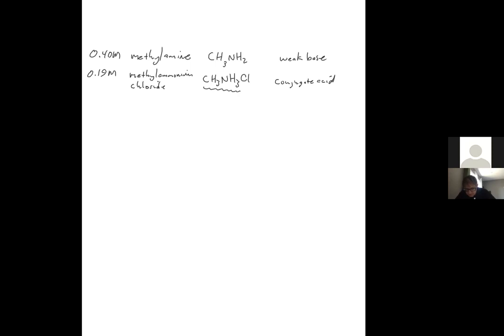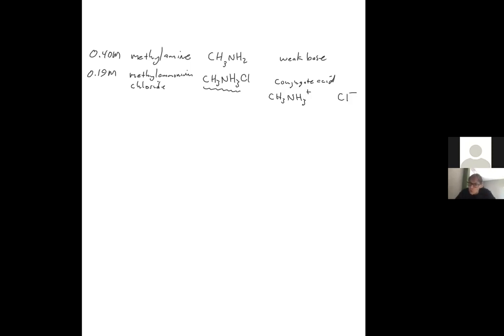Okay, CH3NH3 plus, right? The chloride is in there too. But that is the conjugate base of a strong acid. So just like sodium and potassium, we can ignore them in terms of acid-base properties because they are the conjugate acids of strong bases.